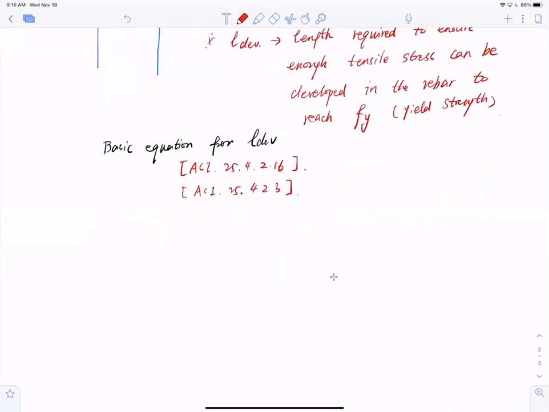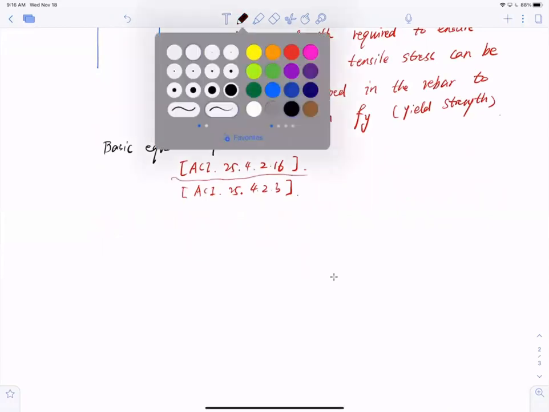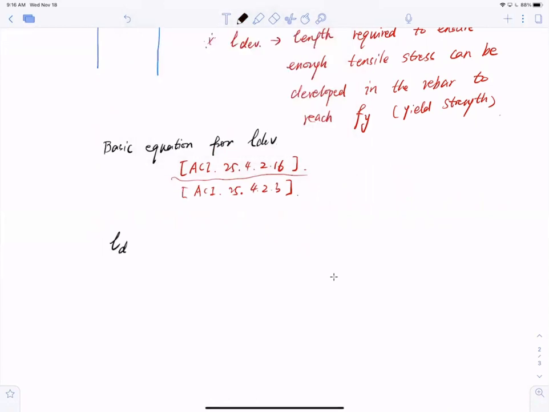But from this place, what you see here is this equation. The equation says Ld, developments, equals 3 divided by 40 times lambda, and you know lambda is the weight coefficient: normal weight is 1.0, lightweight is 0.75, and Fy is the yield strength, and the square root of f'c. And then multiplied by a coefficient of psi t, and we'll talk about it.